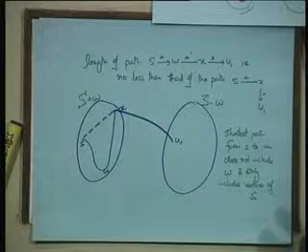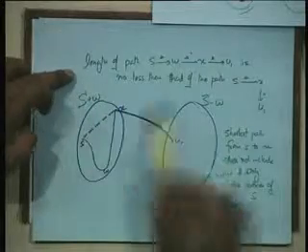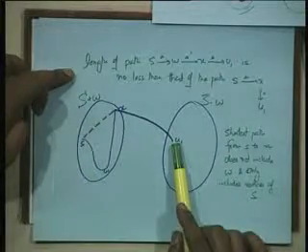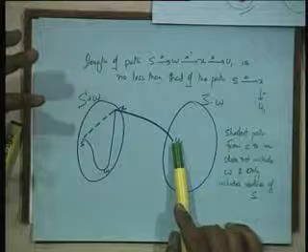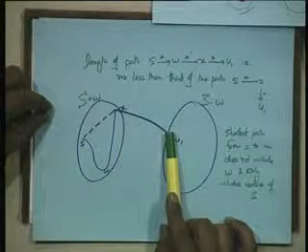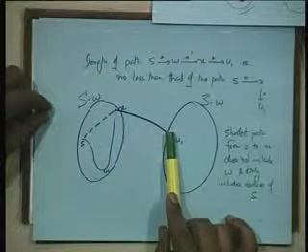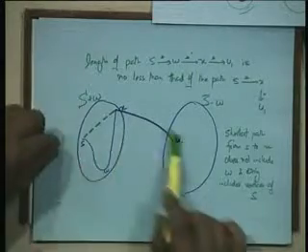Everyone follows this? Right? So, this path which is going like this has length at least as large as the length of this, right. But what do I know about this?